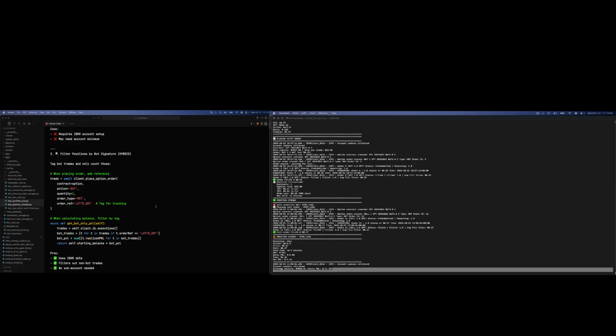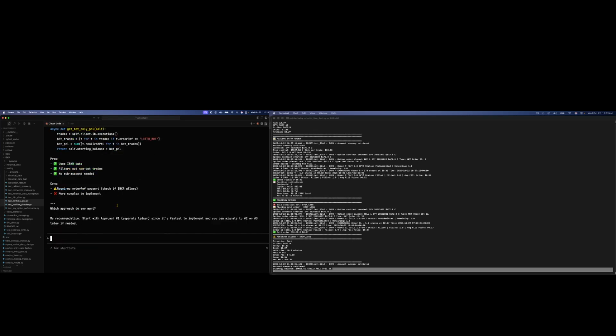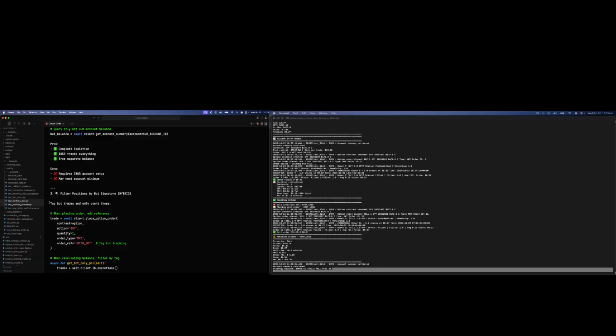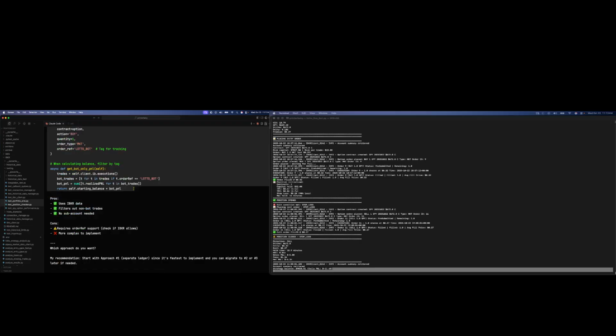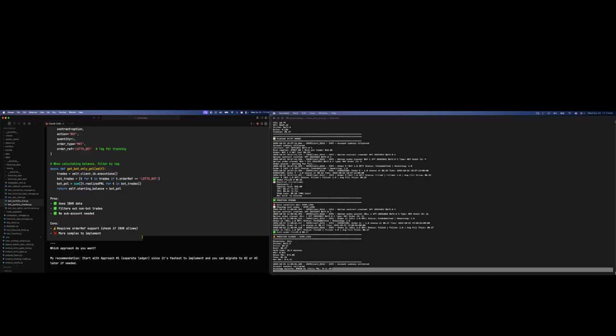Tag bot trades and only count those. So I can do that. We can do that. I want to test this. Requires checking if IBKR allows it. More complex.